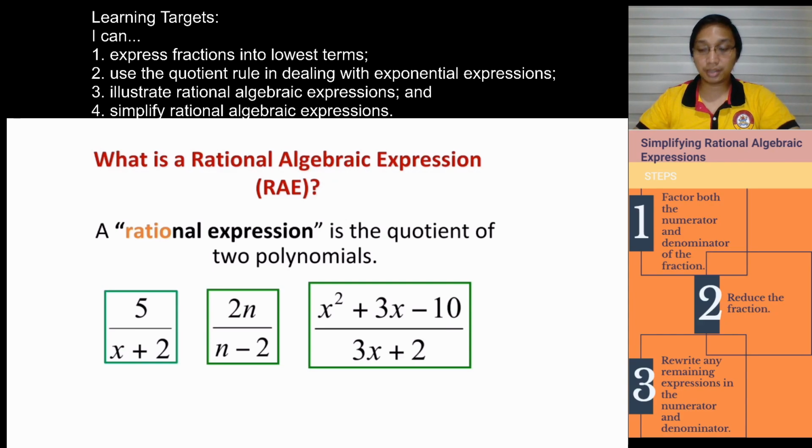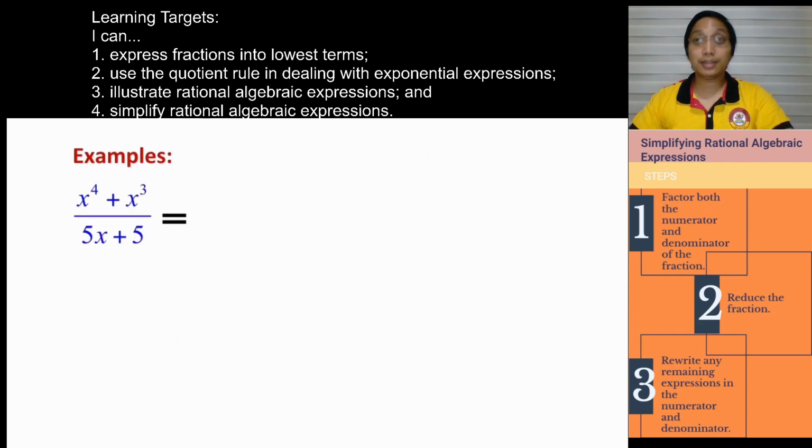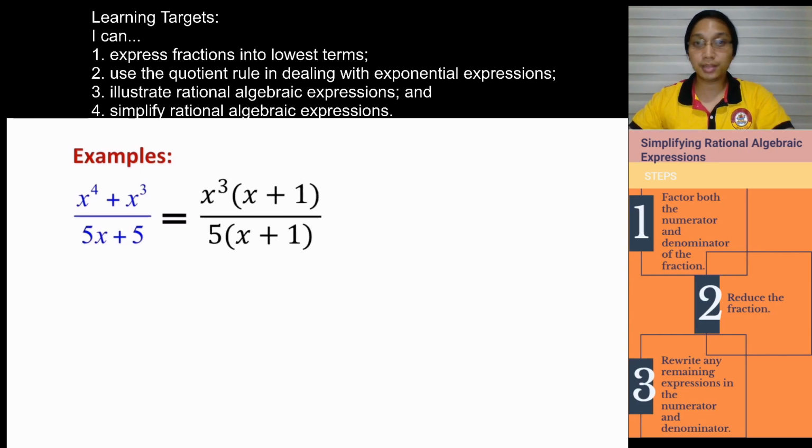So let's proceed now. Now let's answer the next example. x to the fourth plus x cubed over 5x plus 5. Again, step 1, factor your numerator and your denominator. The common factor in the numerator is x cubed, and in your denominator will be 5. Factoring the greatest common factor, I'll be left with x plus 1 in the numerator and x plus 1 in your denominator.